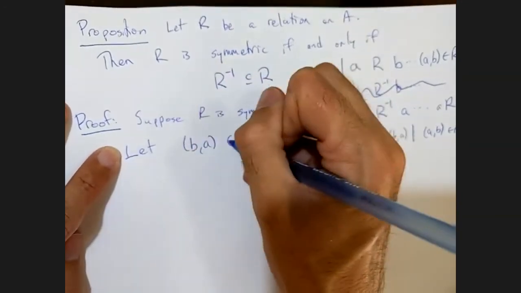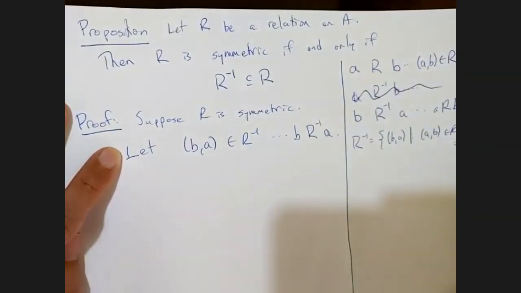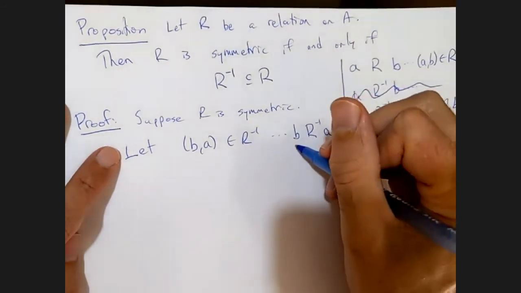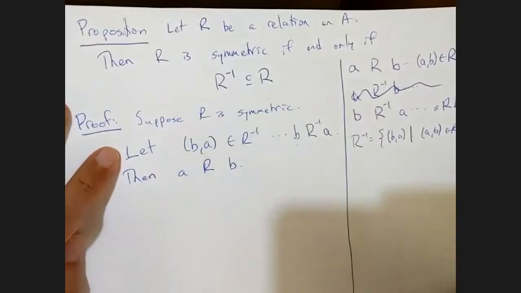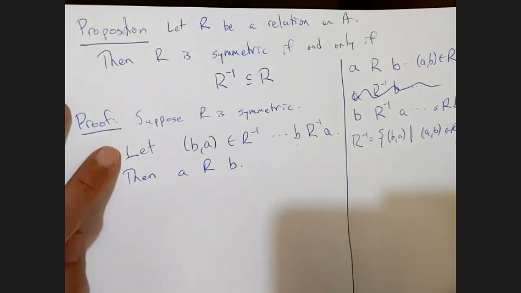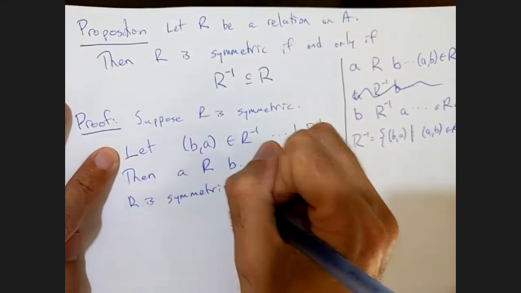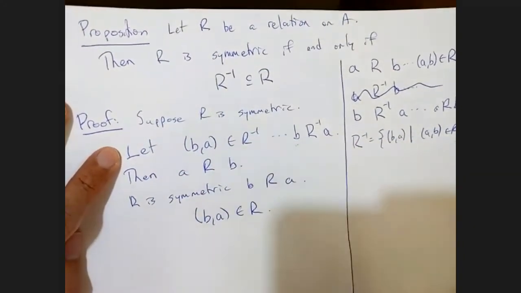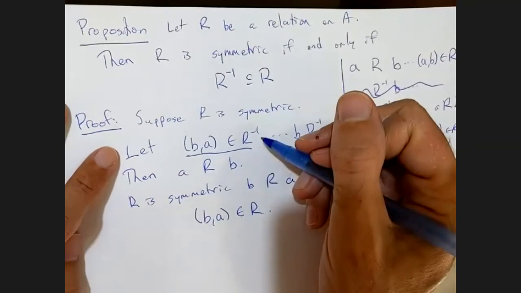Let (B, A) be in R inverse. In other words, B is related by R inverse to A. Now the definition of B being related to A by R inverse just says that A is related to B. Now, since R is symmetric, B is related to A, which just means (B, A) is in R. Now, this (B, A) was an arbitrary element of R inverse.